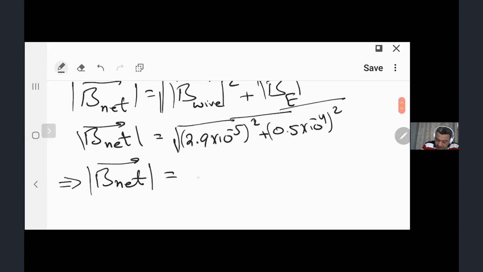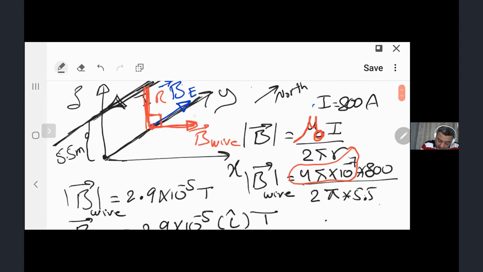B net magnitude equals 5.7 times 10 to the power minus 5 Tesla.